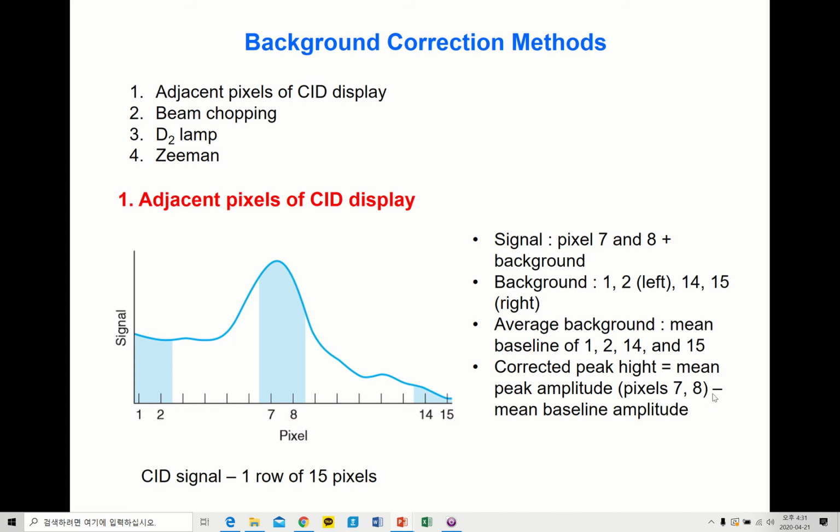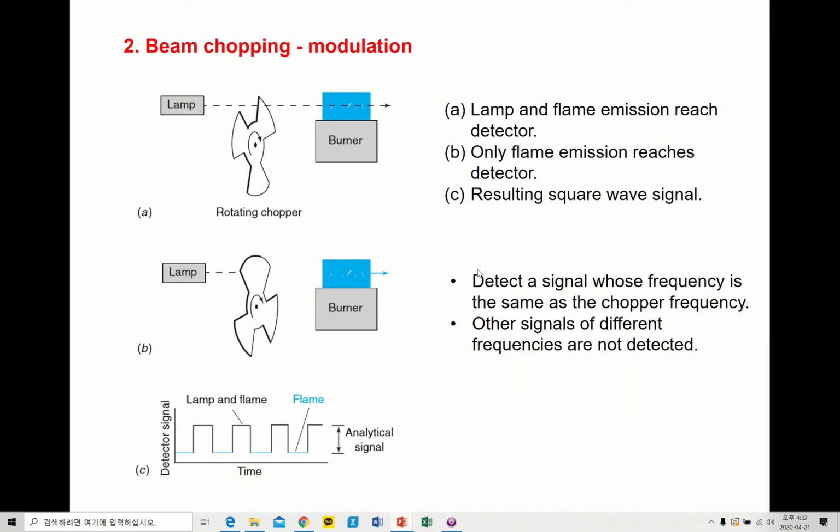We subtract this baseline from the mean peak amplitude. This is one way, but it is not a very good way of background correction. Maybe the easiest one, but not very recommended. The second way is to use beam chopping.